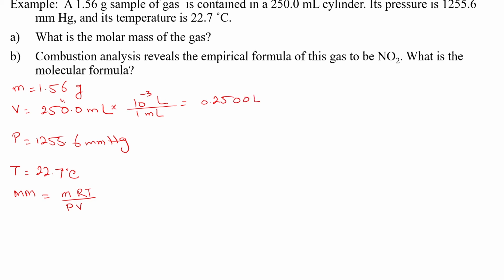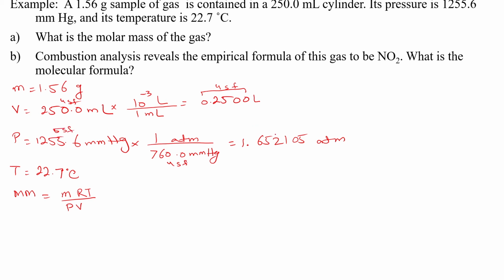We have 4 sig figs here and 4 sig figs here. Here we are going to convert millimeters of mercury to atmospheres. Four sig figs here, 5 sig figs here.